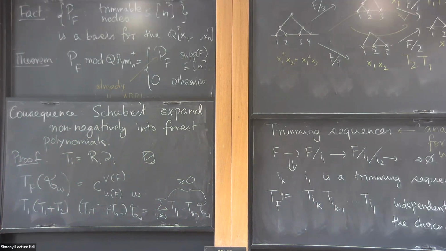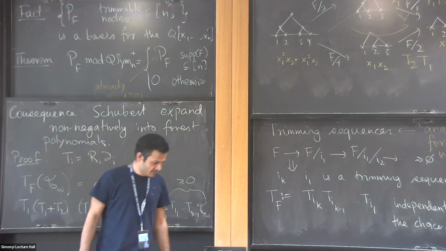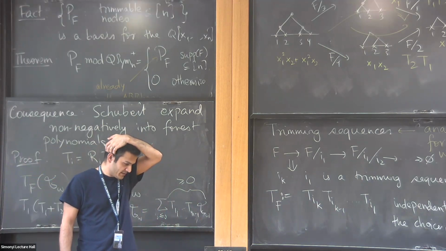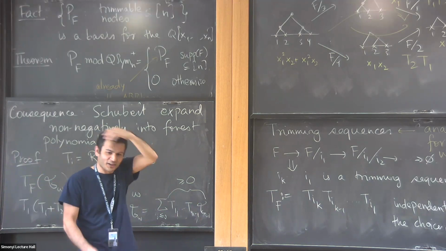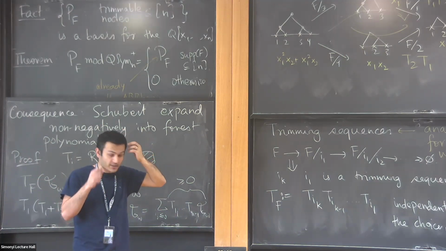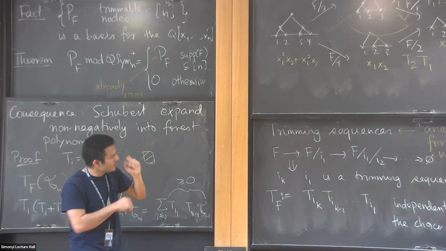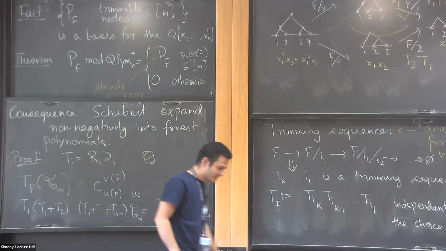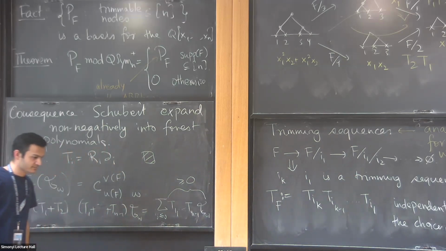Can you read off the support of the forest from a trimming sequence? Right now, maybe no, but I don't think that is hard. In the examples you've drawn, the forest polynomials are just the generating functions for trimming sequences, but I guess that's a coincidence.